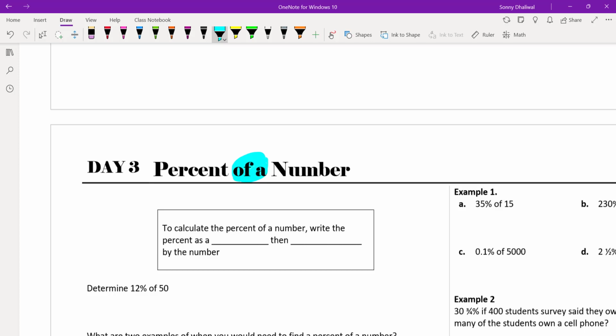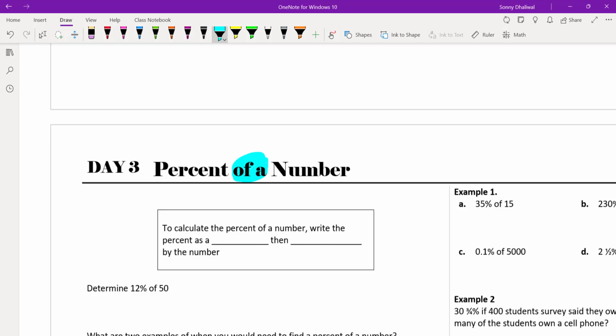All right, so now the word of in math is a very specific word. It has arithmetic operations here. I think we talked about this before, right? There's 4 operations: adding, subtracting, multiplying, dividing. What does the word of translate into of those 4?